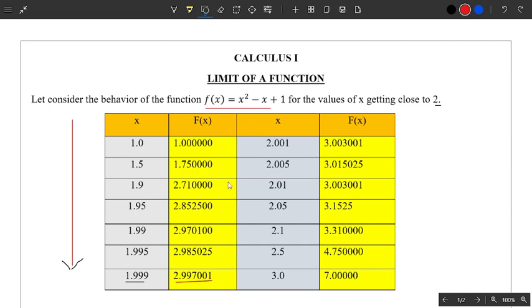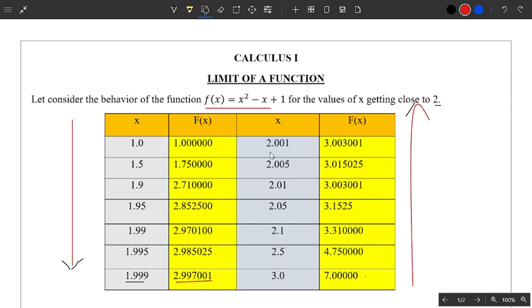All right. Now let's look at it from this side. The values of x here are moving from the bottom to the top. Now we have 3 here. When I put 3 into the function, this is what I'm going to get.